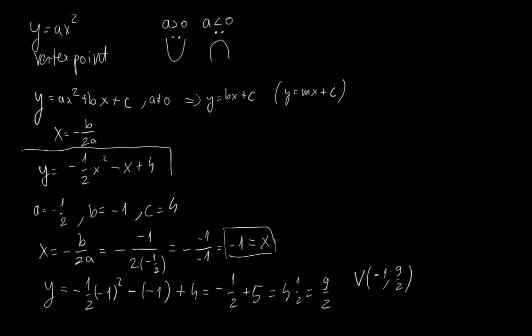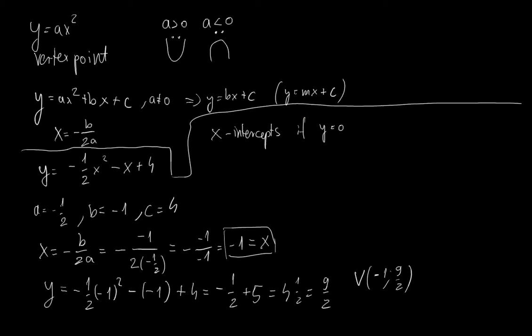Now I want to calculate the x-intercepts, and I can get the x-intercepts if y equals 0. So if minus 1 over 2 x squared minus x plus 4 is 0, you can multiply both sides by minus 2, so the equation will be x squared plus 2x minus 8 equals 0.